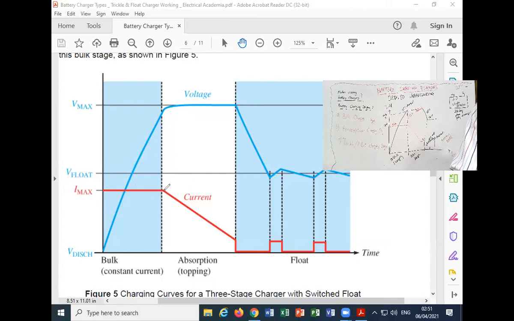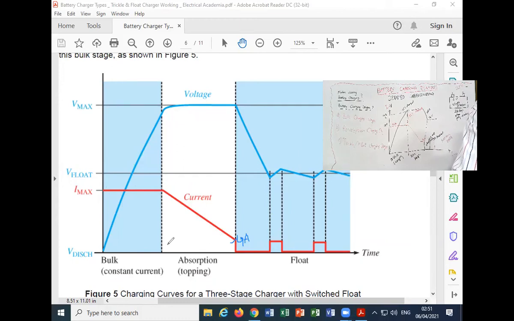Now after some time, the charging current of the battery decreases by itself. The current is decreasing, and it reaches a point where your battery charger knows that this is the value of current at which the battery charging must be cut off. So at 4 amperes current, 4 amperes is for the typical case.